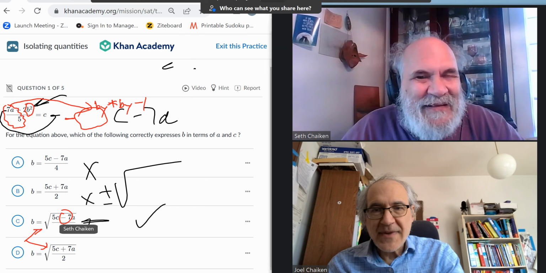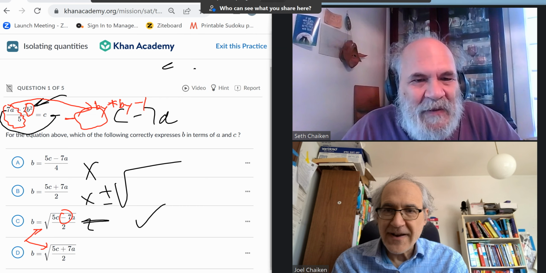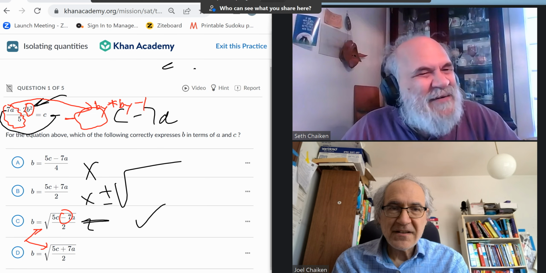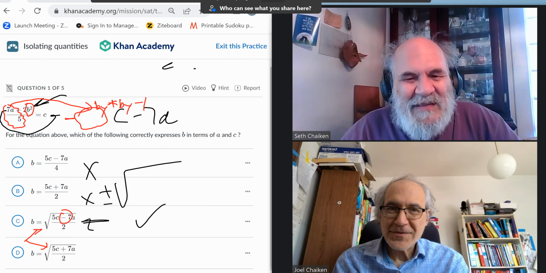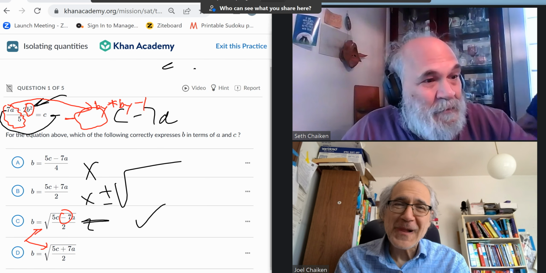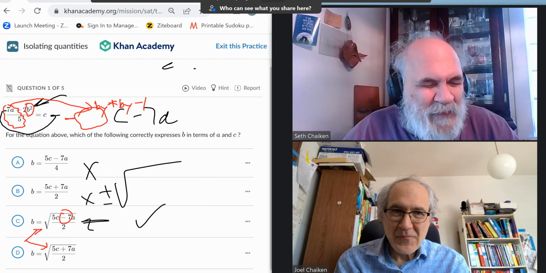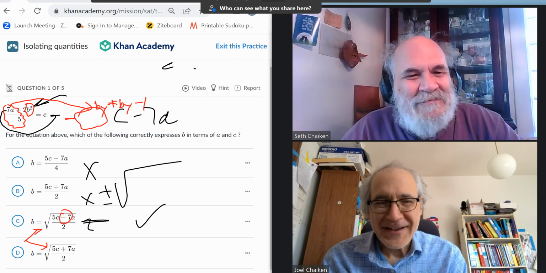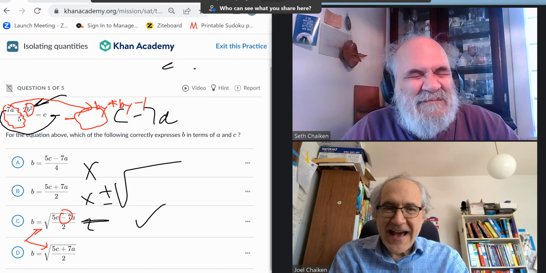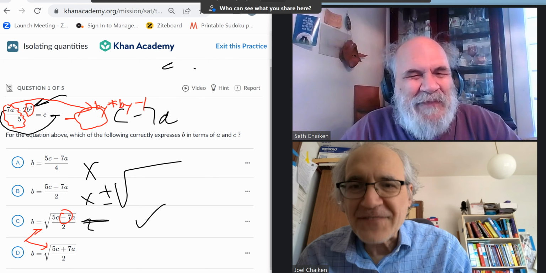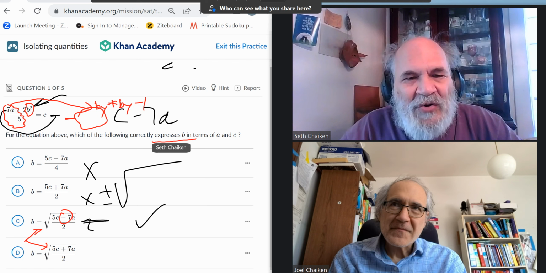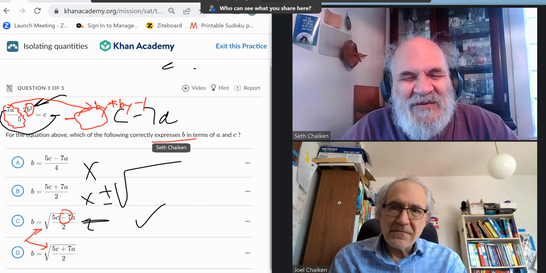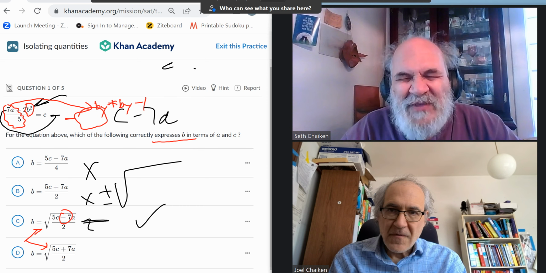Why didn't they make it plus or minus? Isn't that strange? Which of the following correctly expresses b in terms of a and c? I don't understand. They are deficient in mathematical rigor. Okay. The formal curriculum is also expressed that way: solve the equation.